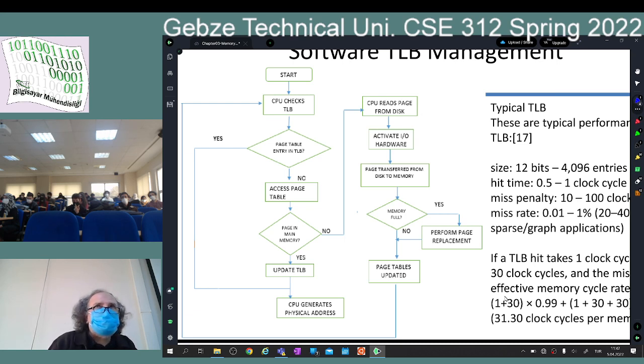This is the case where things are like the PDP-11, right? I have a small number of elements in my TLB, and I am lucky enough to have that element inside my TLB. If the page entry is not in the TLB, then I need to access the page table in the main memory, and that is going to be a little bit slower.